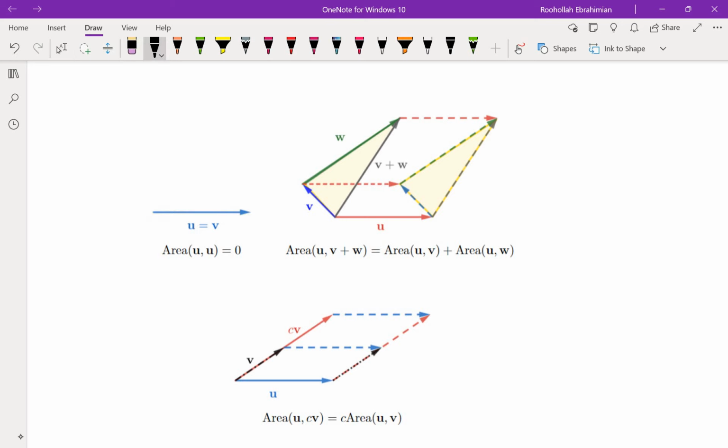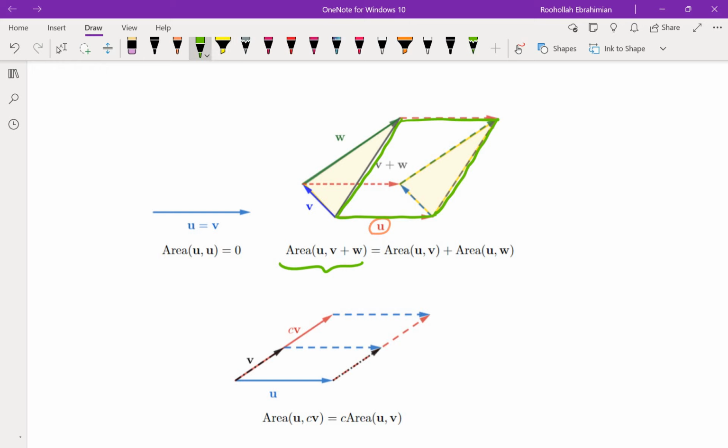The second expectation that you have is a bit more complicated, but it's also natural. It is that if you fix your base, in this case the base is vector u, and you add two vectors v and w, you'll get this region. So this is the area of u and v plus w.